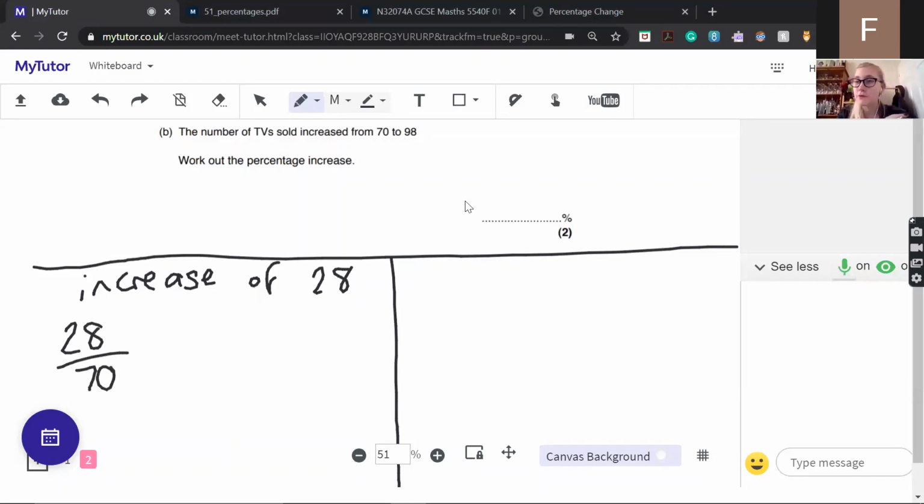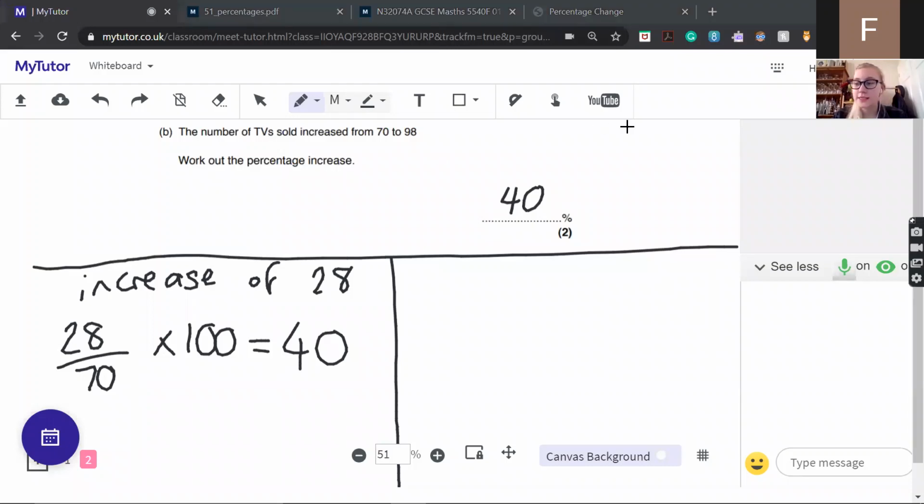And if you remember from what we were doing before, that's 28 out of 70 times 100. And that will give us 40. So this is a 40% increase. Hopefully that method makes sense. Cool.